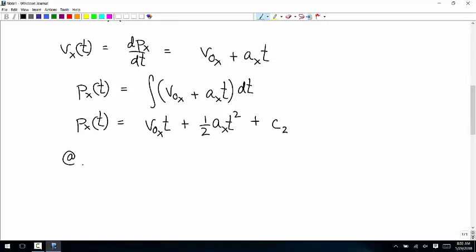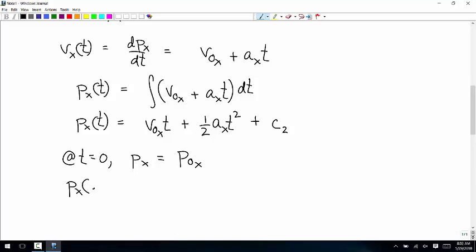And now we know that at time equals 0, the x component of position is equal to p0x. P0x is a constant.